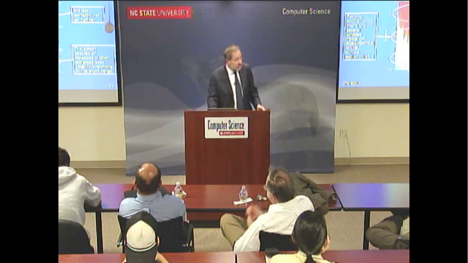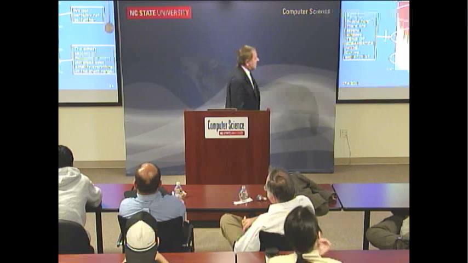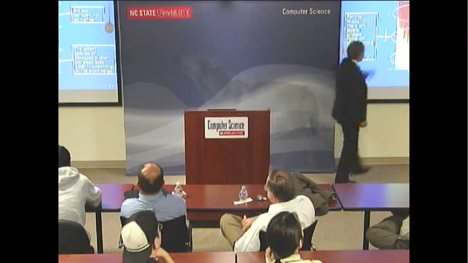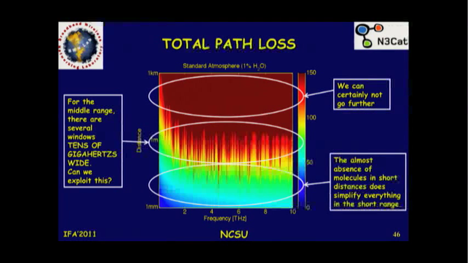So now, when we depict all of these results here, then you will see what I'm talking about. This is the total path loss formula, and these are the frequencies from 0 to 10 terahertz, and then this is the distance between the devices. And then you see this red area, where there is no way that we can communicate.